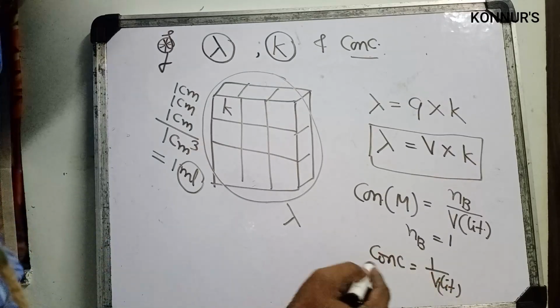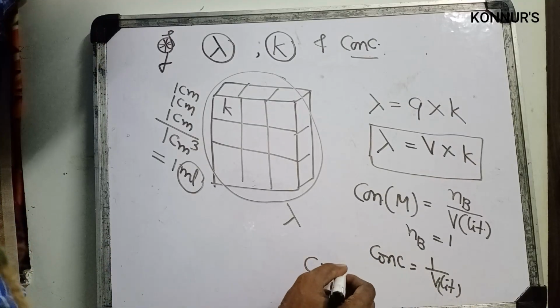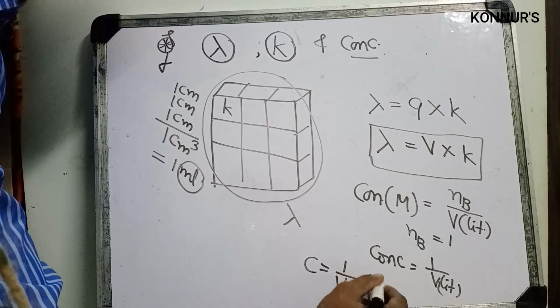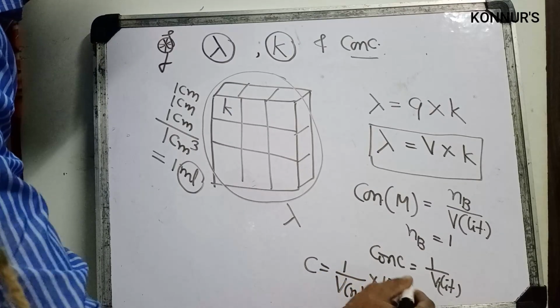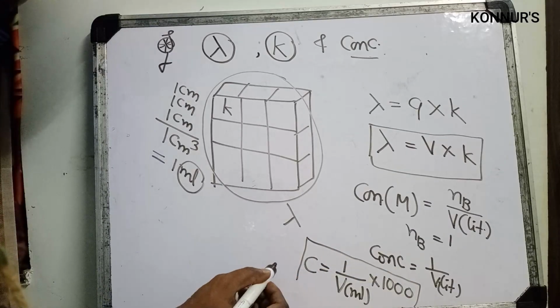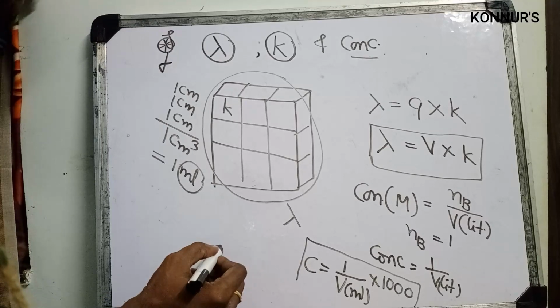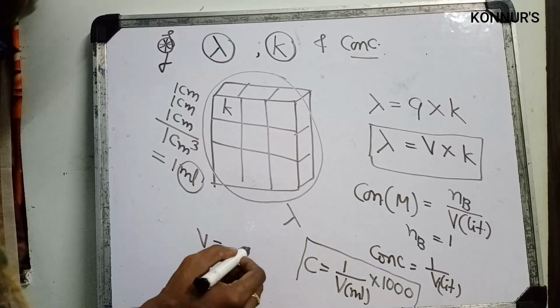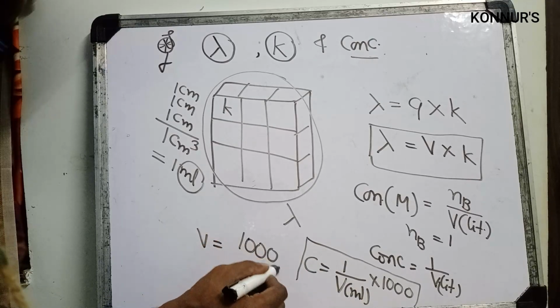That is why we must take concentration as 1 by V milliliters into 1000. Therefore V equals 1000 by C.